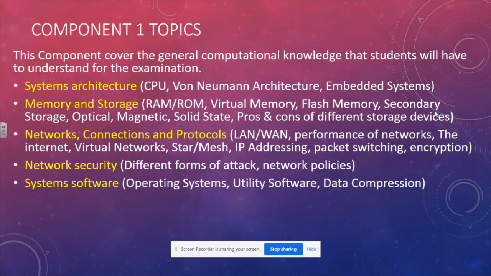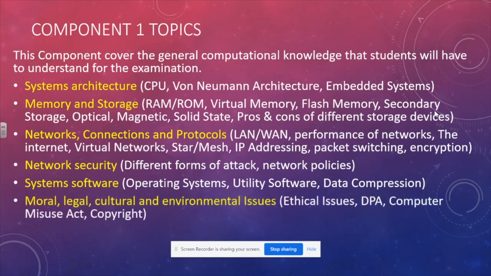Networks, connections and protocols: we look at LANs, wide area networks, IP addressing, virtual networks, and various network topologies too. Network security: different forms of attack on a network and network policies.